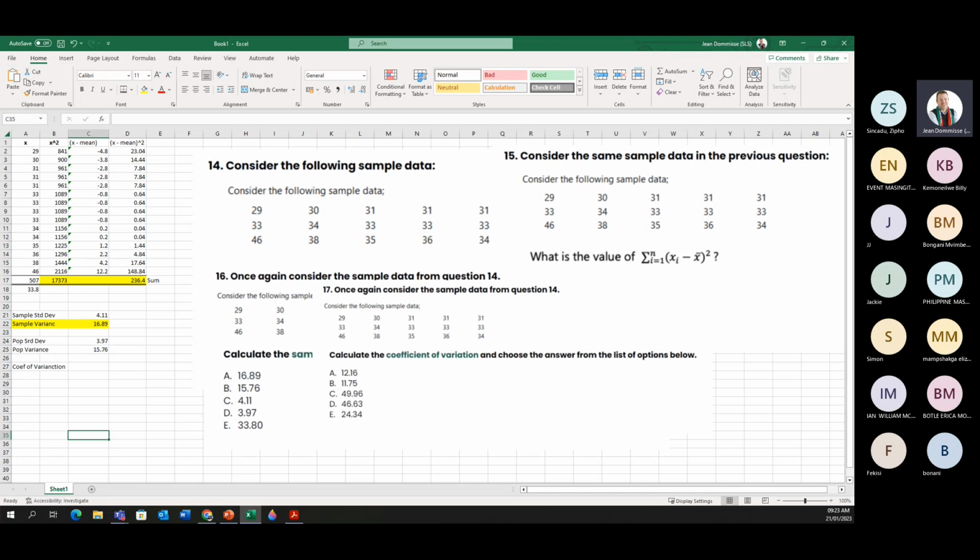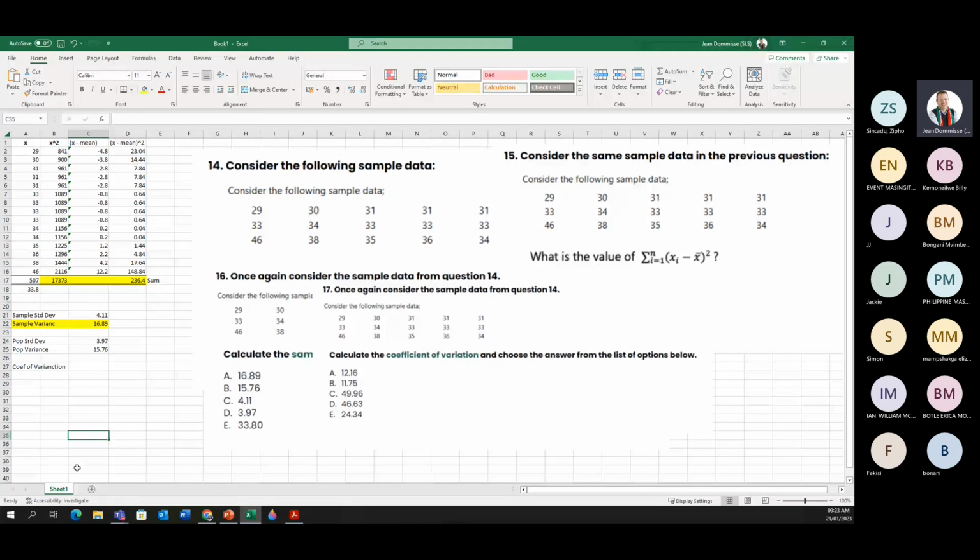Let me quickly check. Where's my notes? I can't remember the formula of that, but I have it somewhere.